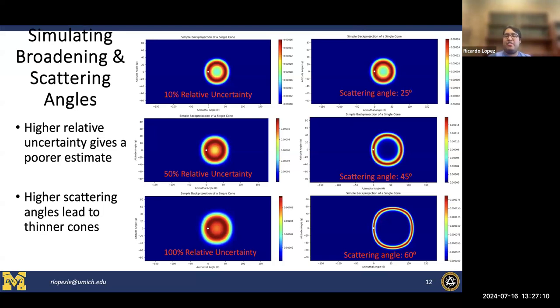Meanwhile, if we have everything else being equal, but our scattering angle is what changes, starting from the top, we have 25 degrees, 45, and then 60. And we can see that the cone thickness is getting smaller and smaller. Essentially, what I'm trying to get at here is that high scattering angles would be preferred for imaging applications, since they tend to give you the best metrics or data, if you will, for the converging of a particular radiation source.